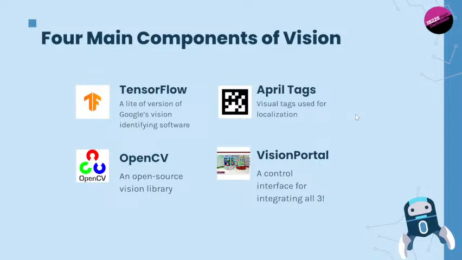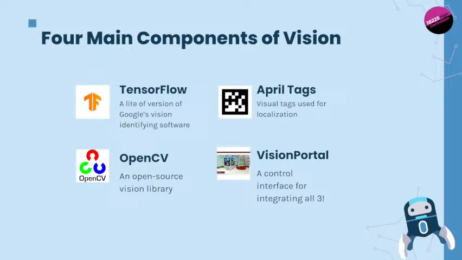So there are four main things you're going to use vision for in FTC. The first is TensorFlow, which is a light version of Google's vision identifying software. It's used to identify game elements, and it can be used to identify the team's game element, which is a game element you create.